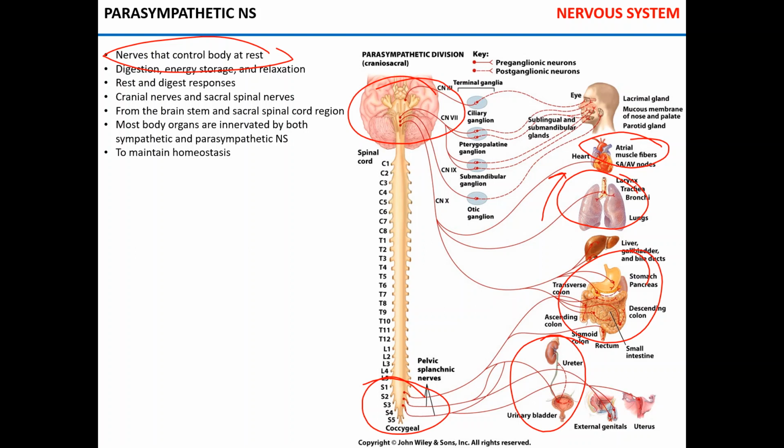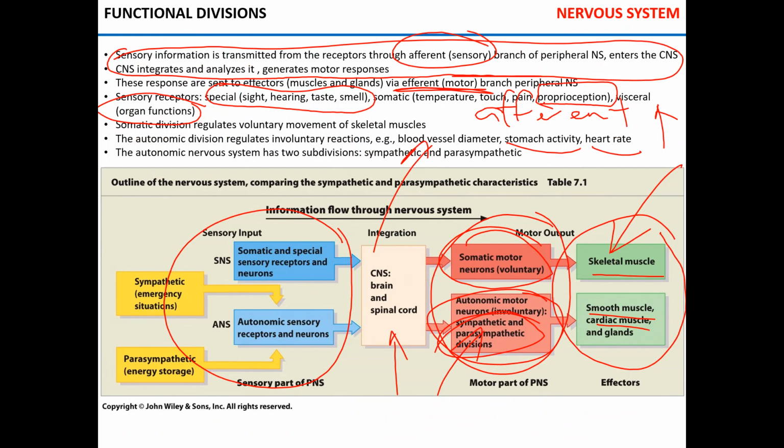The motor component can be somatic, delivering signals to the skeletal muscles, so skeletal muscles become the effectors of the somatic branch. And smooth muscles, cardiac muscles, and glands are the effectors of the autonomic branch of the peripheral nervous system. I hope that helps.